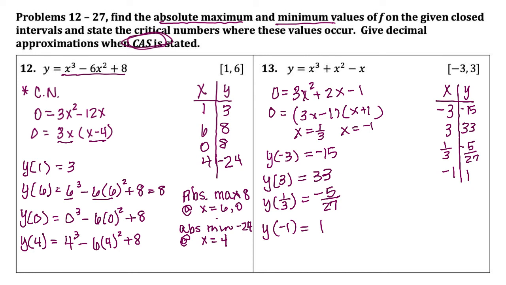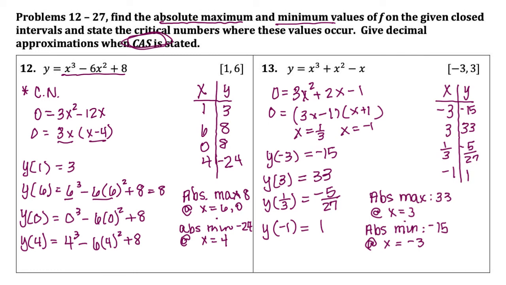So you have an absolute max of 33, and that occurred at x equals 3. And you have an absolute min, and that one is negative 15, and it occurred at x equals negative 3.